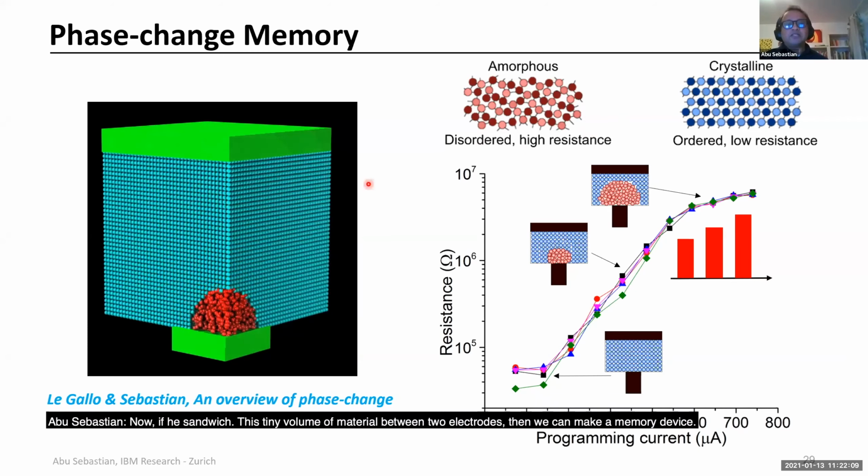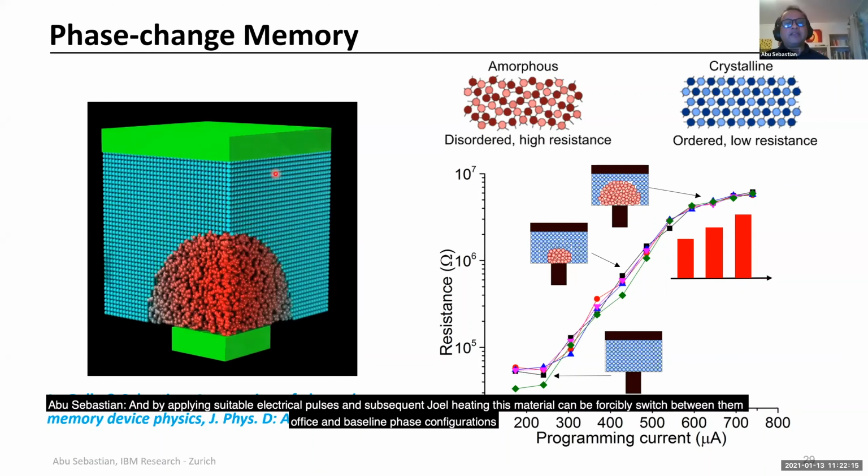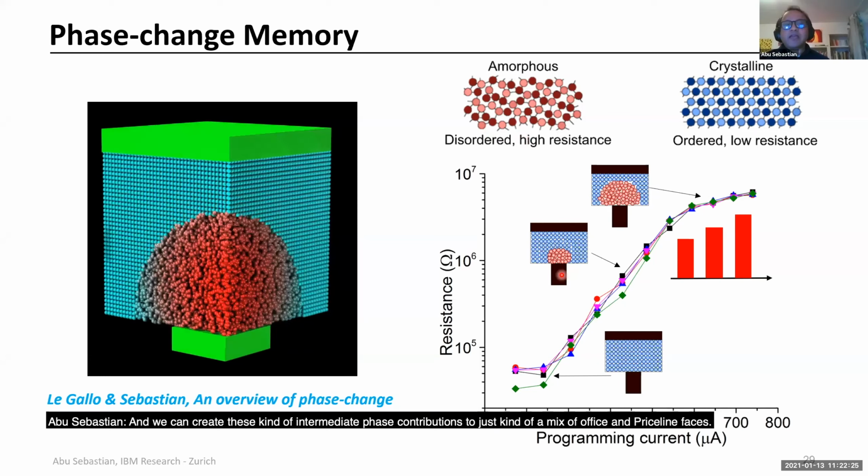Now, if we sandwich this tiny volume of material between two electrodes, then we can make a memory device. And by applying suitable electrical pulses and subsequent Joule heating, this material can reversibly switch between the amorphous and crystalline phase configurations. And we can create these intermediate phase configurations, which is a mix of amorphous and crystalline phases.